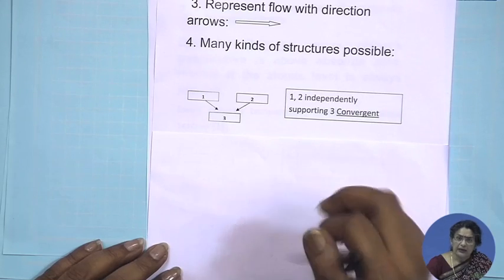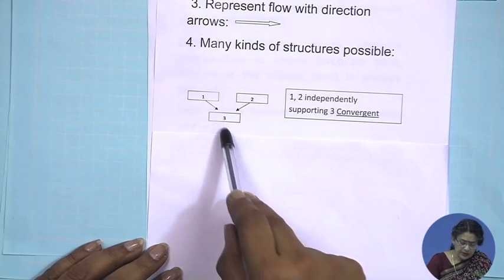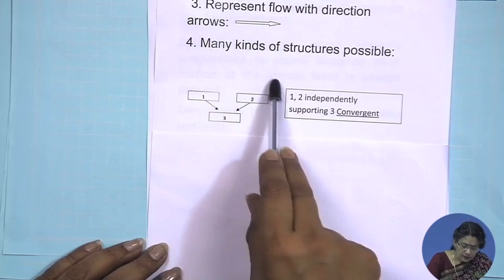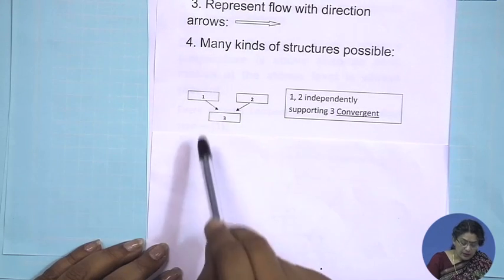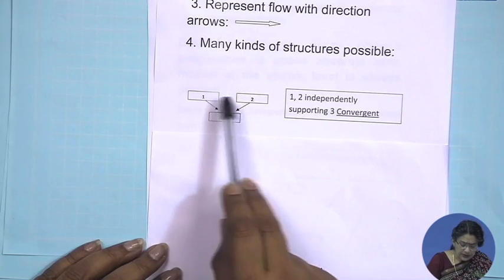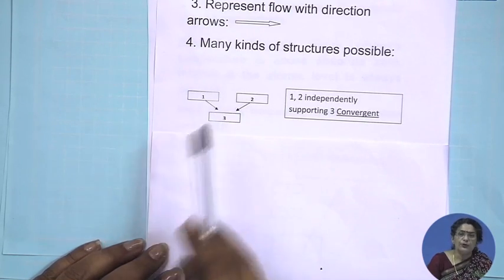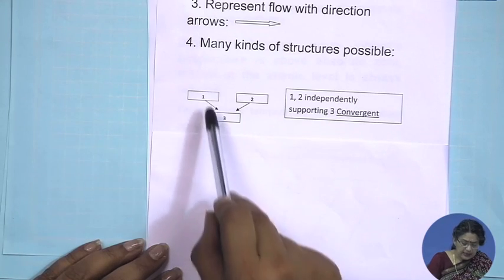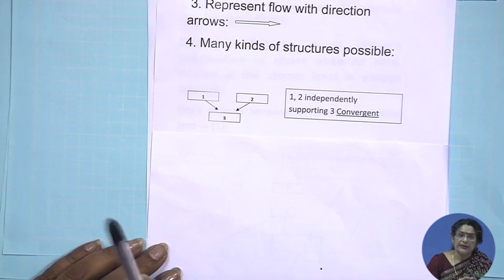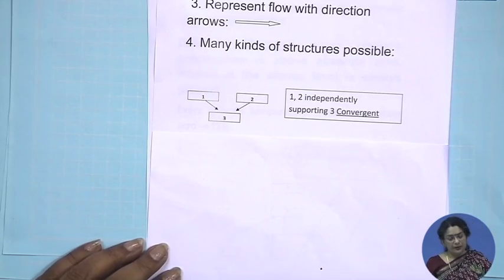And they are converging, they are independently supporting, but their support is converging in 3. And look at the way it is represented here. So, when this kind of structure happens, you know that there is not necessarily a connection present between 1 and 2. Nonetheless, each of them is acting as a premise towards 3. So, this is one kind of structure.